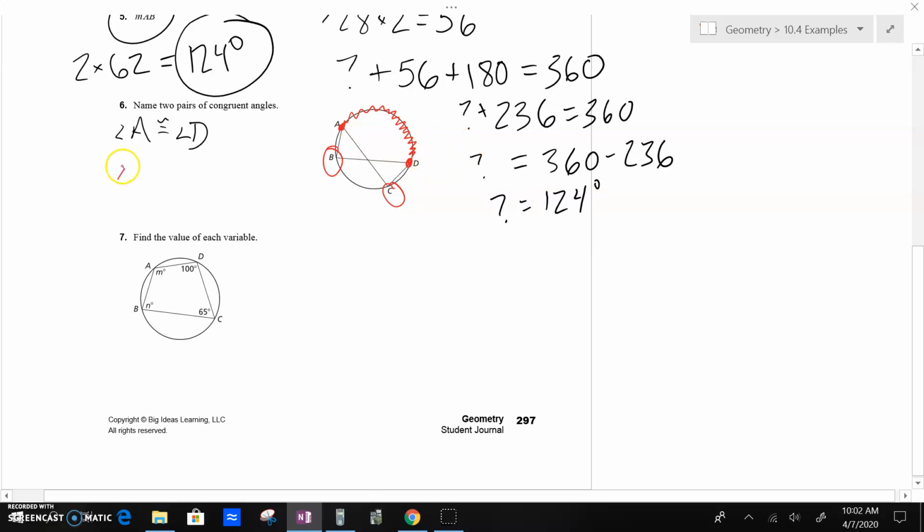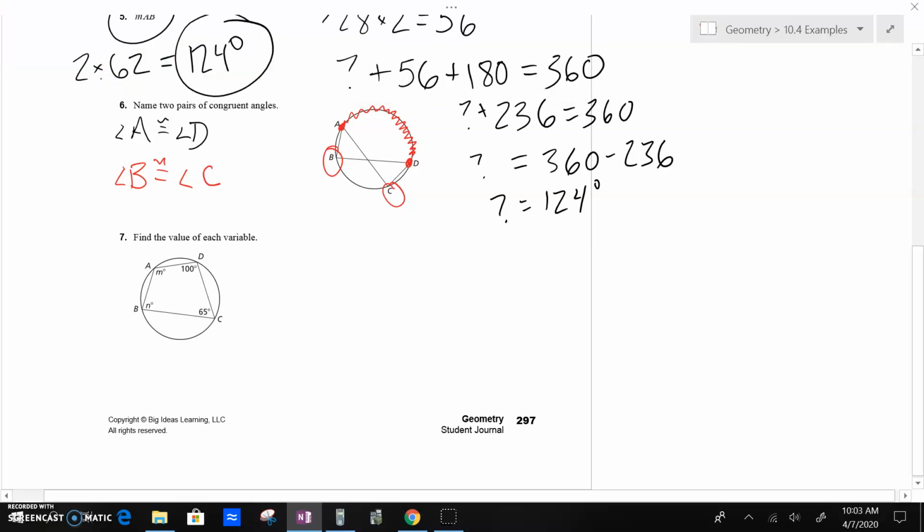So angle B would have to be congruent to angle C. And that's all this one is saying. It's not what those angles are in degrees, because we don't have any numbers with this problem, just what are 2 congruent angles.